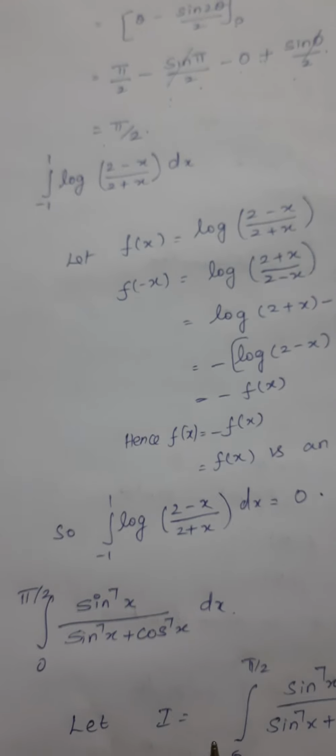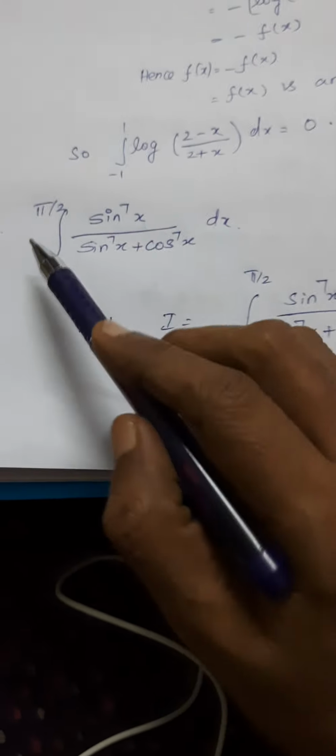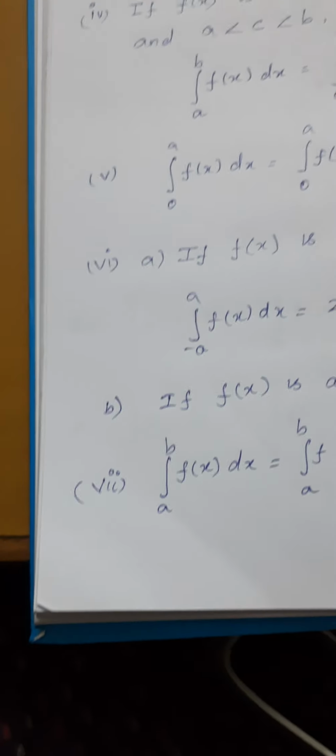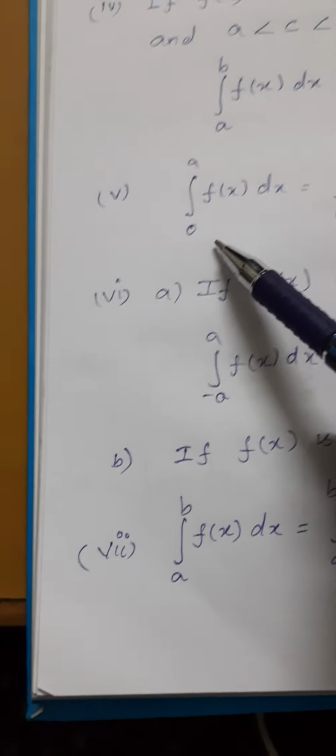So next one, problem number 4. Integral 0 to pi by 2, sin power 7x by sin power 7x plus cos power 7x dx. Here we are going to use this property.